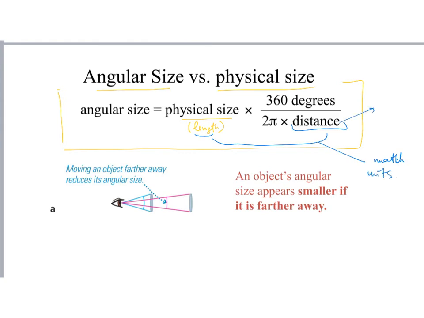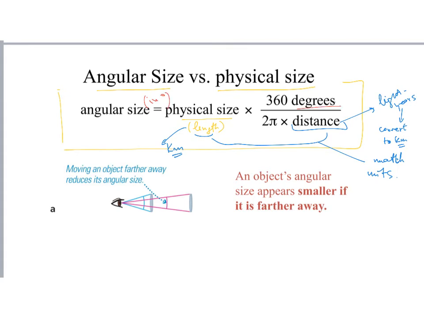For example, distance could be in light years, and the length you might need to calculate, or it's given to you in kilometers. Then before you plug into any stage of this formula, you need to convert to kilometers, to match the units you have for the length. Also, the angular size had better be in degrees.